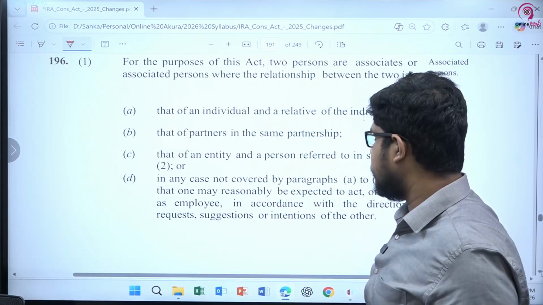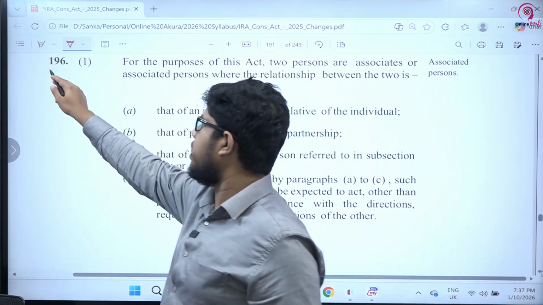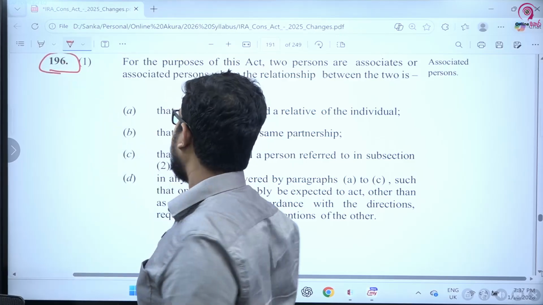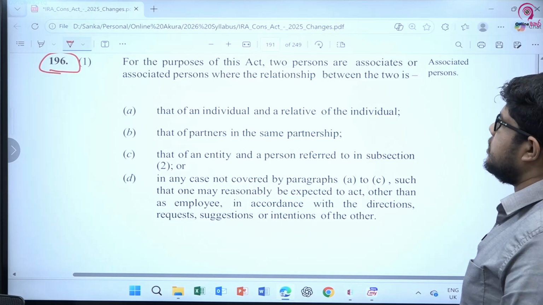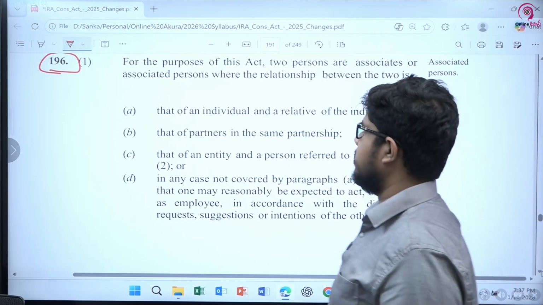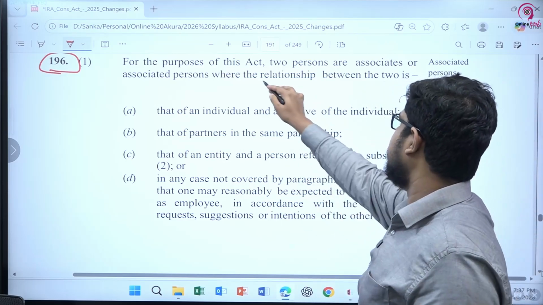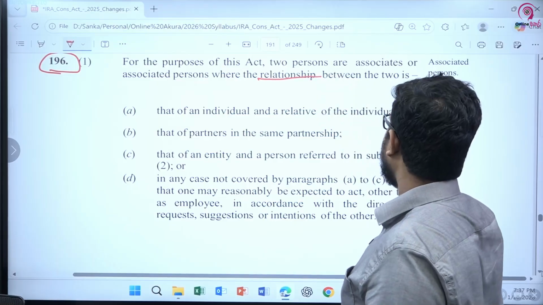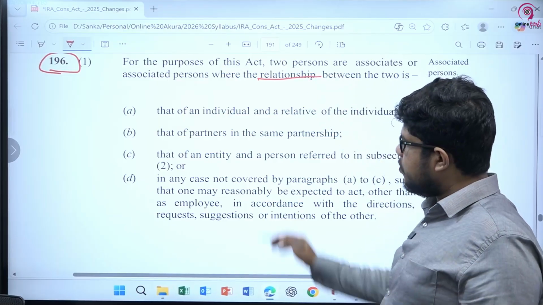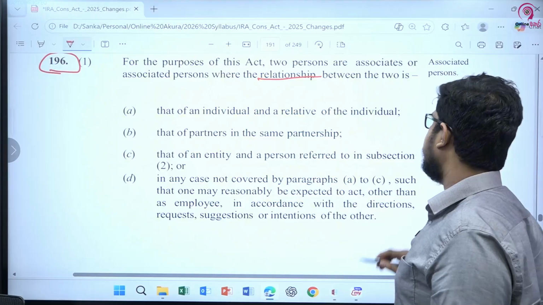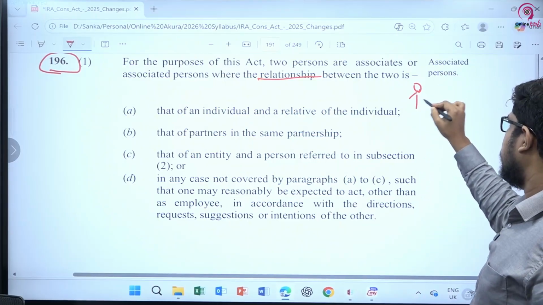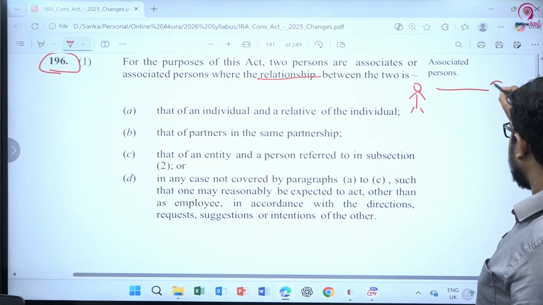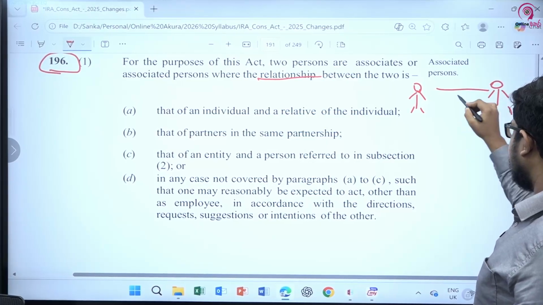Student, associate person is defined under section 196. For the purpose of this act, two persons are associates or associated persons where the relationship between the two is that of an individual and a relative of the individual. If we are considering the individual, the other person is a relative.